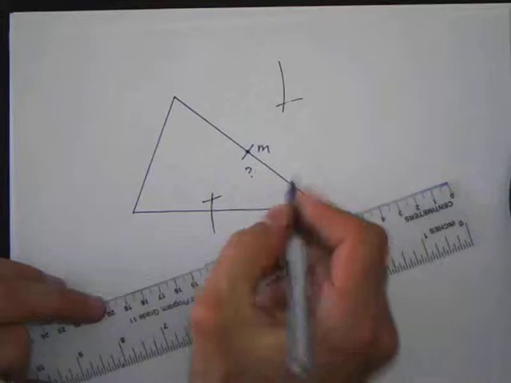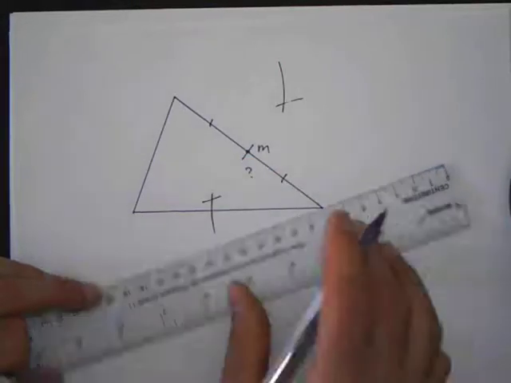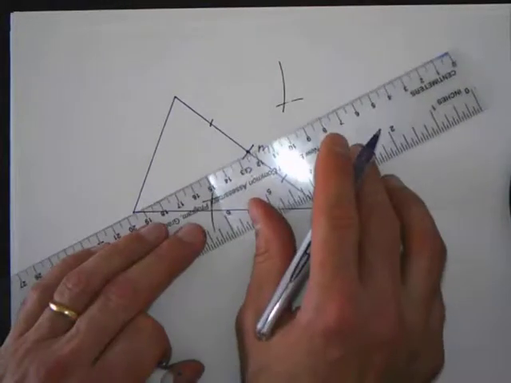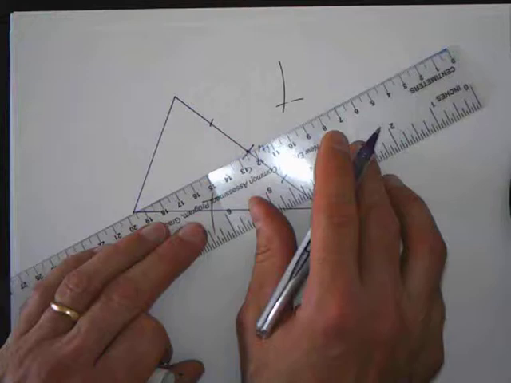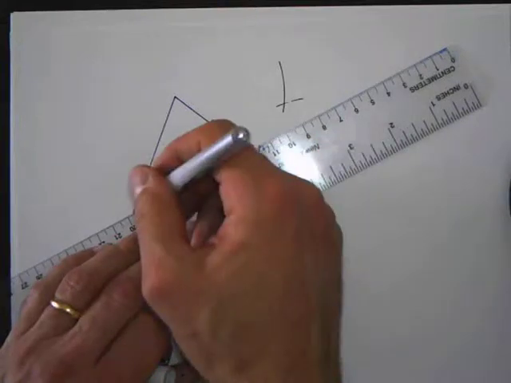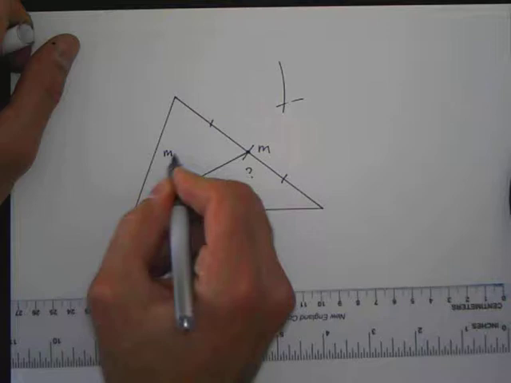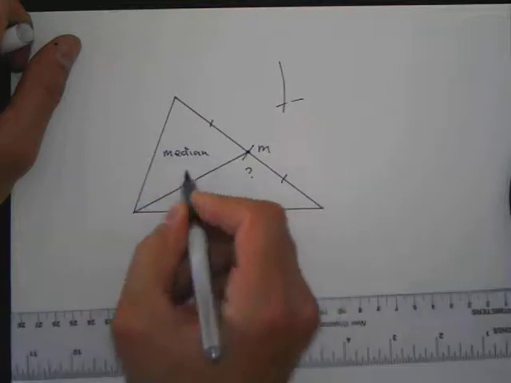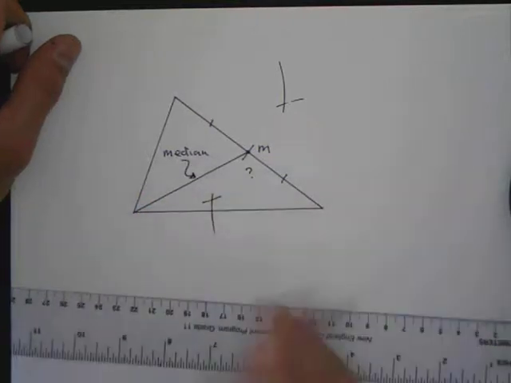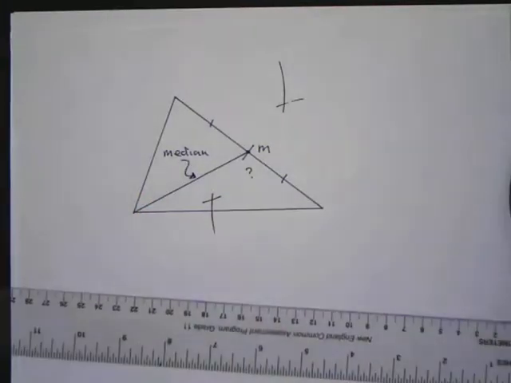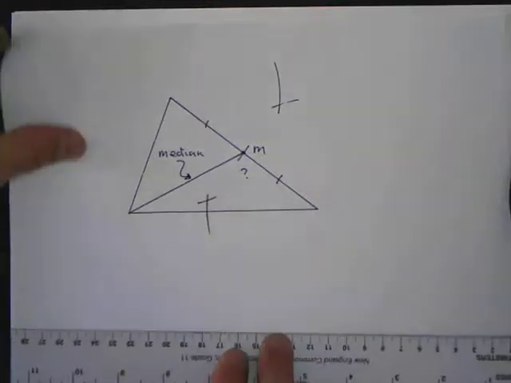And then I can mark this accordingly. That's the midpoint. And then the median connects the vertex to the midpoint of the opposite side. So that's a median.